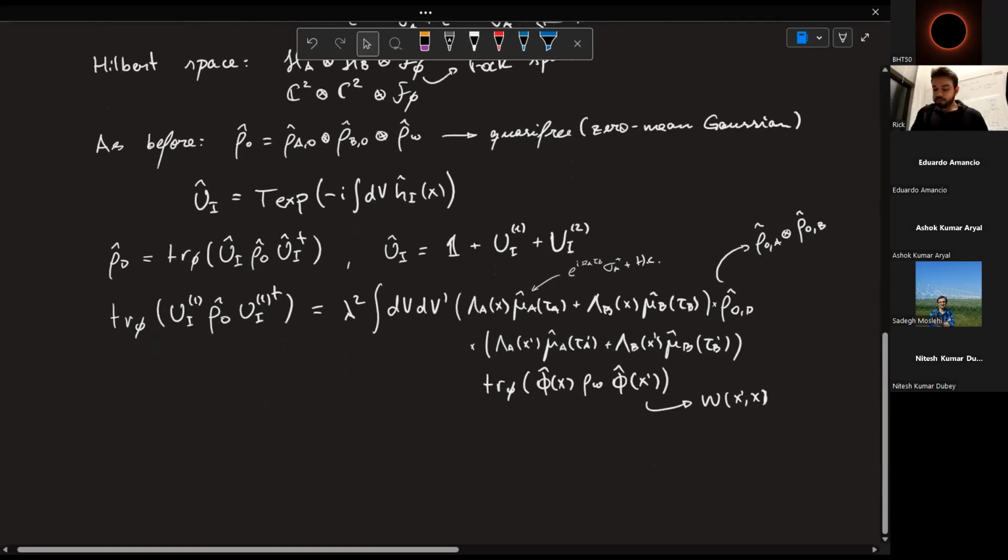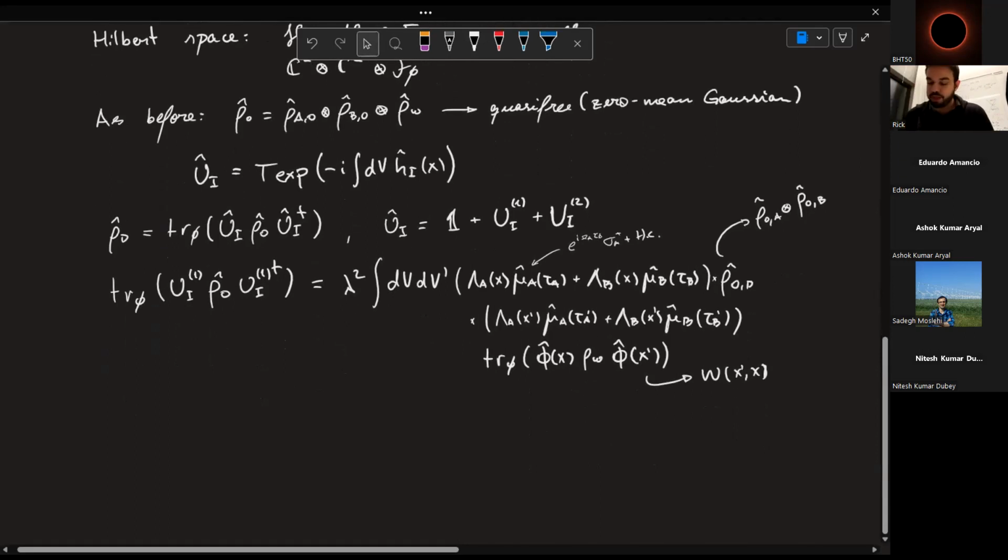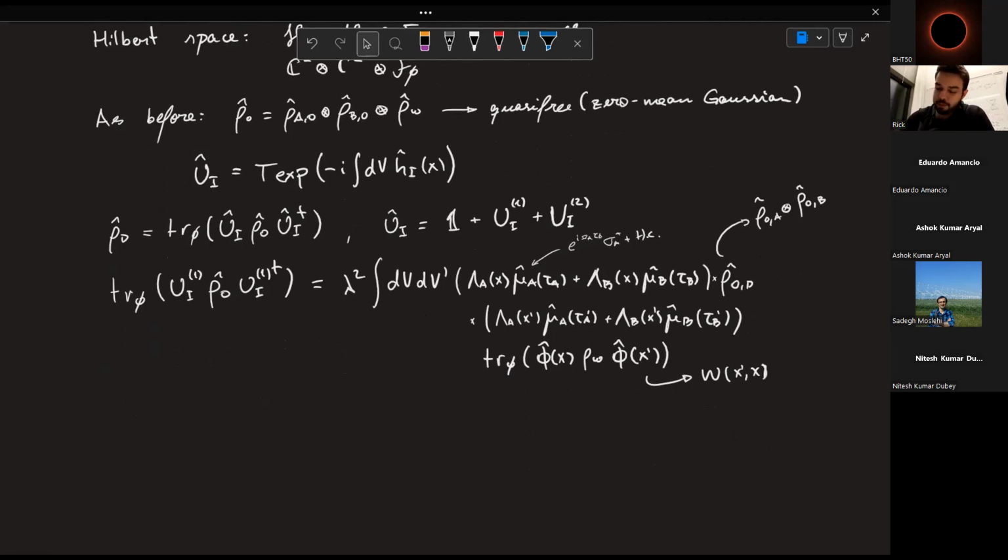But we can just rewrite this term in a way which is a little bit more convenient, let's put it this way, which is basically to say that this term is the integral of lambda squared dV prime.